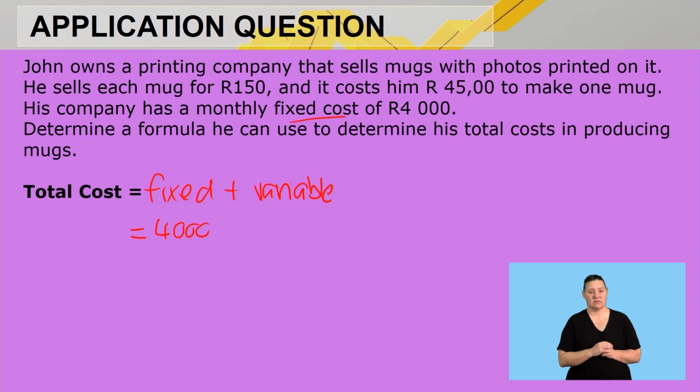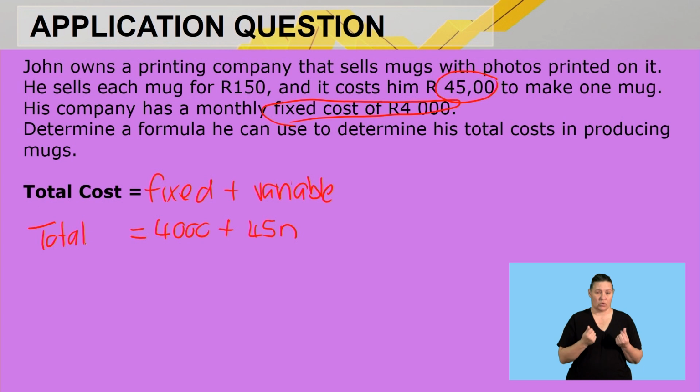It was given here. And then the variable cost is 45 Rand per mug. So therefore, the total cost is 4,000 Rand plus the 45 Rand per mug, and that will be 45 N.